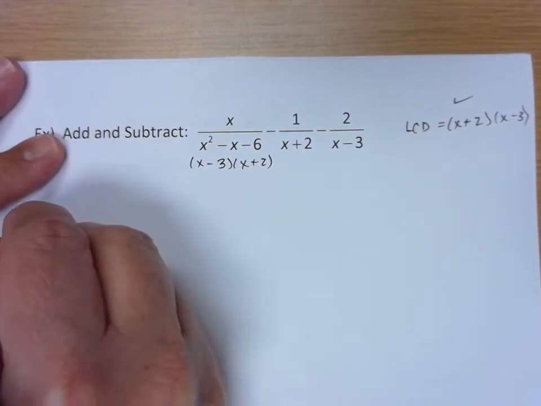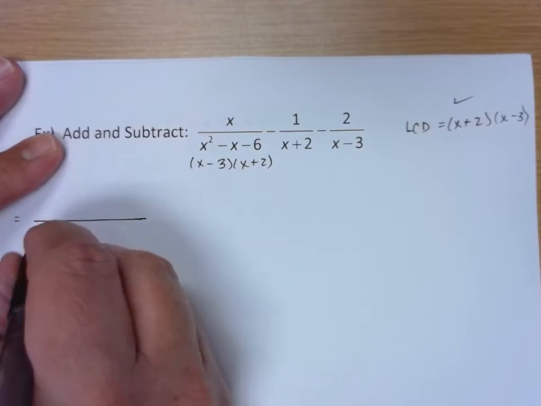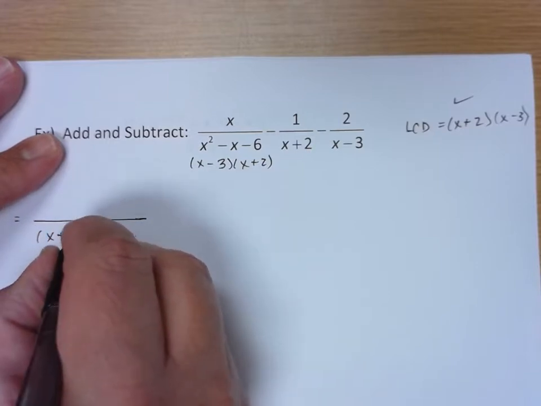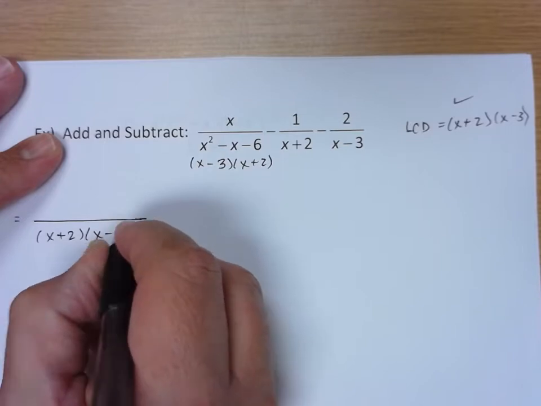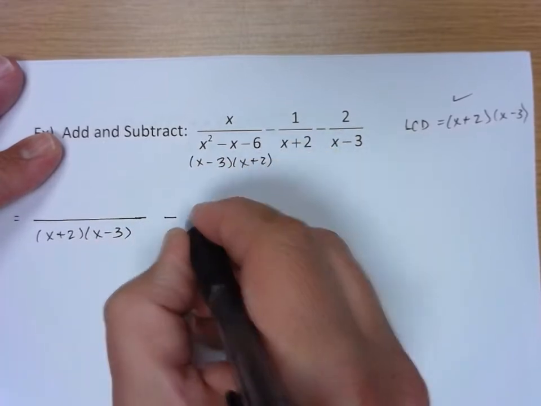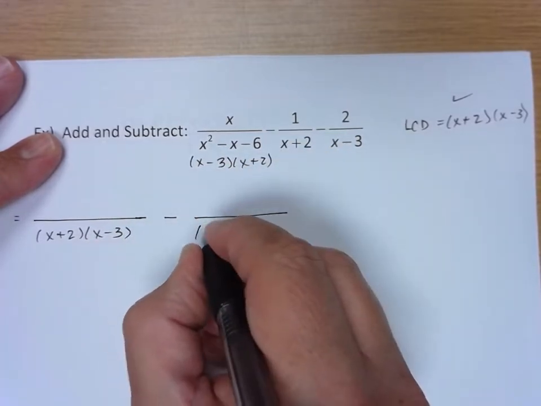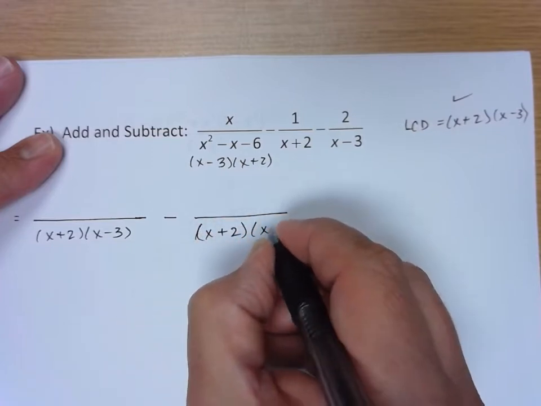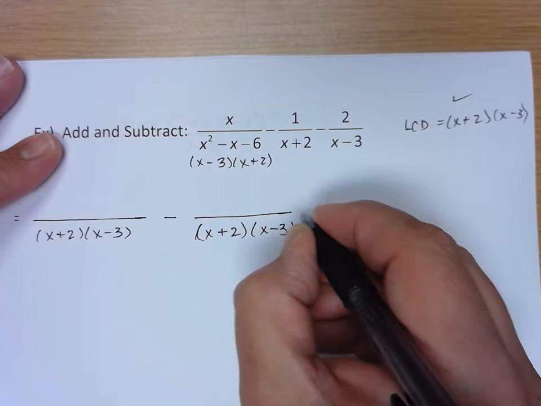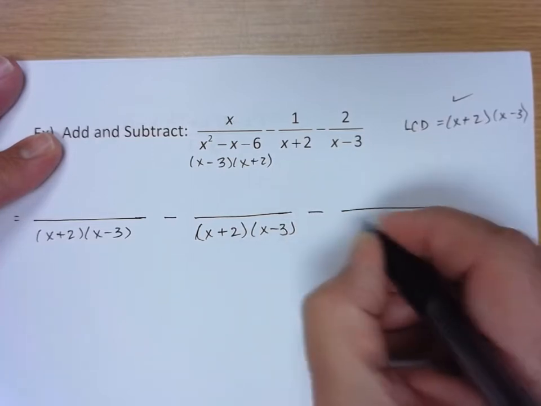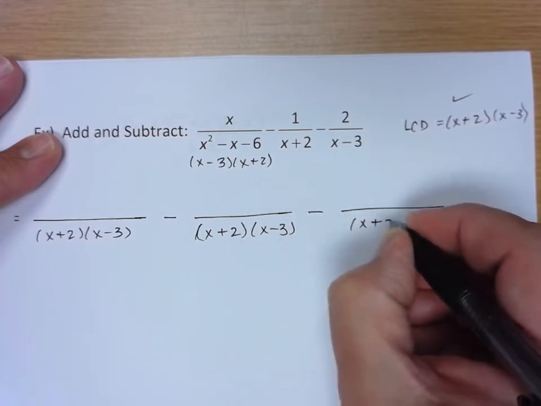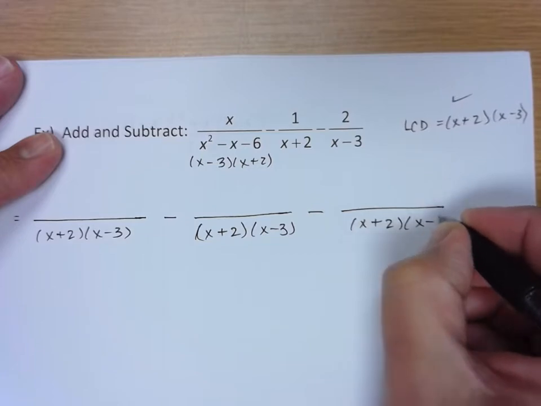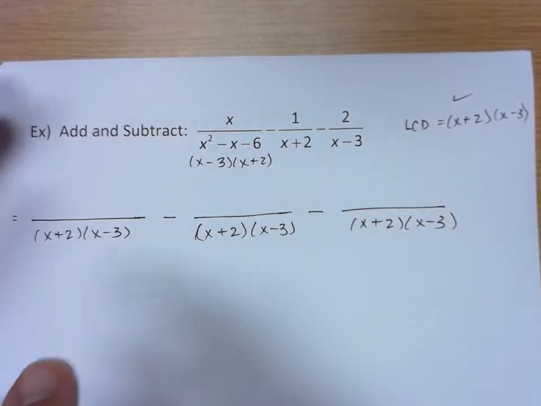So let's make three fractions that have those denominators, and then minus, change the middle fraction, and then another minus, and our third fraction. And let's see what changes they need to go through.